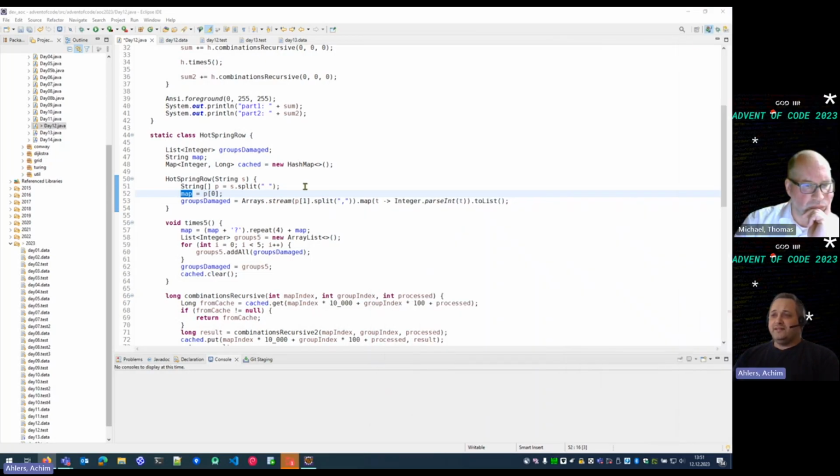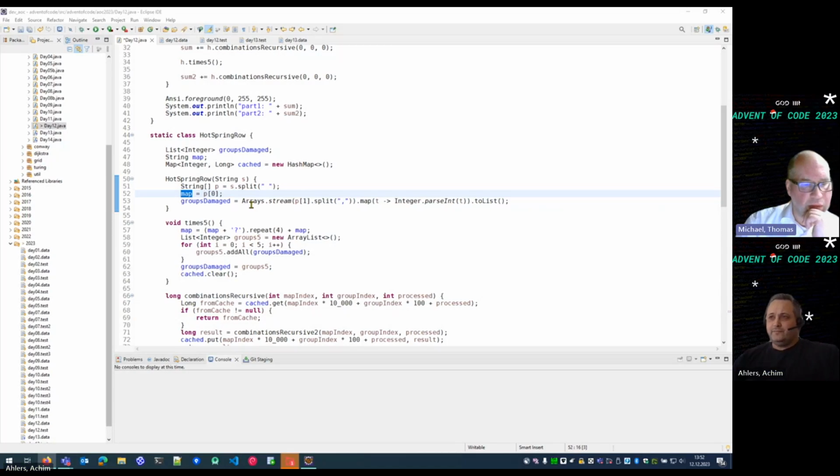And the second part is a list of integers. I just split it, parse it into integers, and treat it as a list. Okay, so you got the right side as a list in groups damaged.